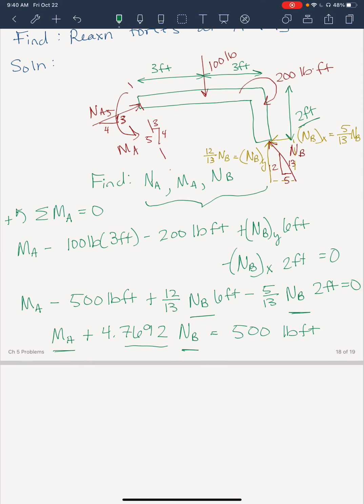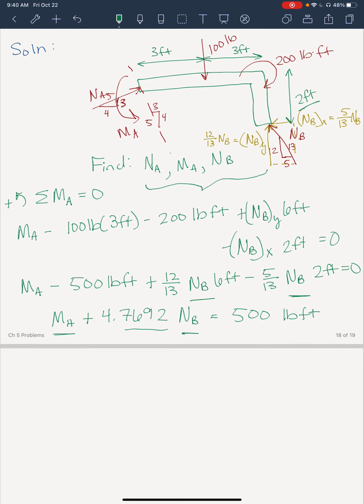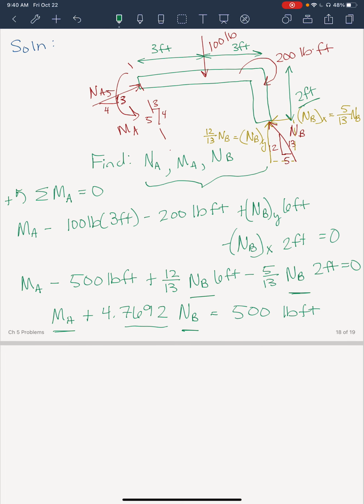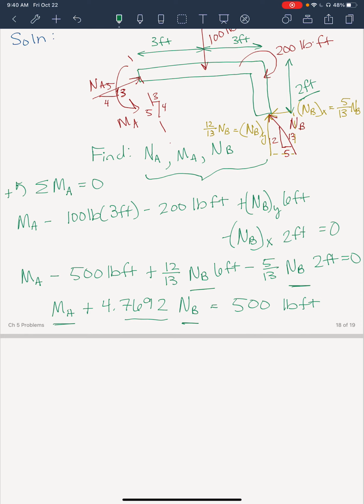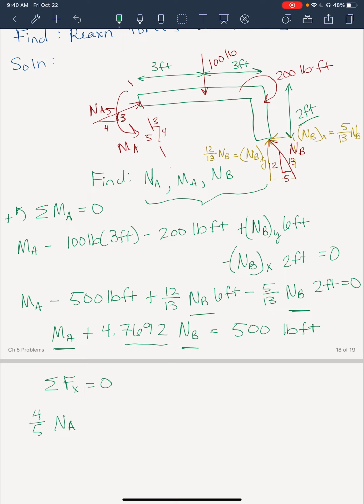So let's move on. We can sum the forces in the X direction equal to 0. The X component of the NA force is 4 over 5 times NA. The 100 pounds is in the Y direction. And then the MB does have an X component, which would be minus 5 over 13 times MB.